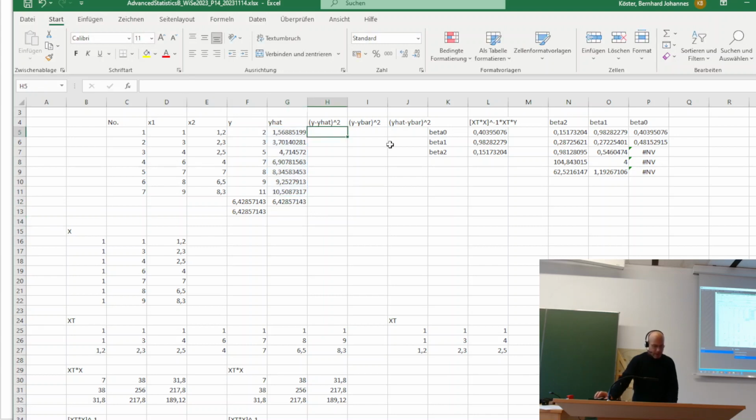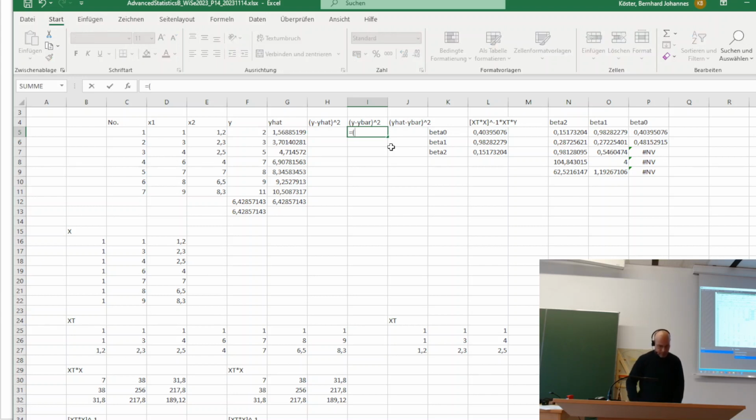So, and now we calculate these variances. So what we need is y minus y bar, this is then open y minus y bar squared, and since I want to copy it down, I forgot to fix it.